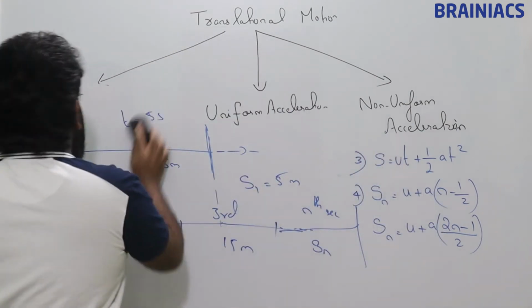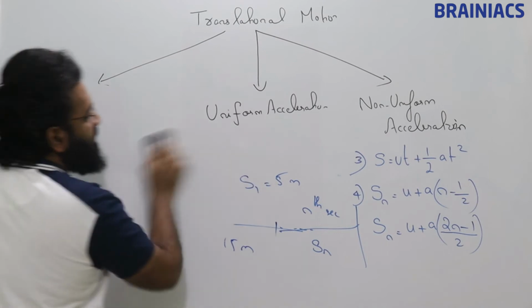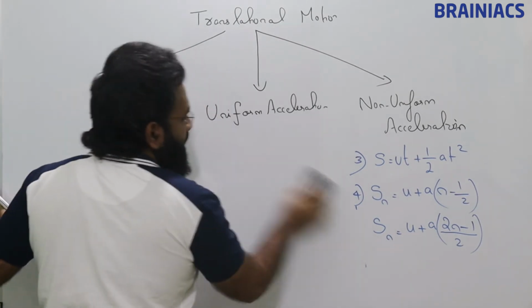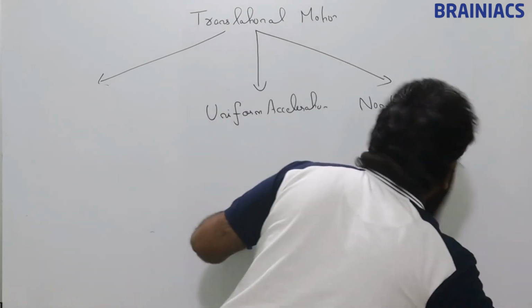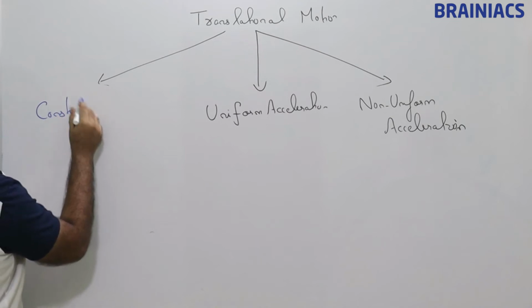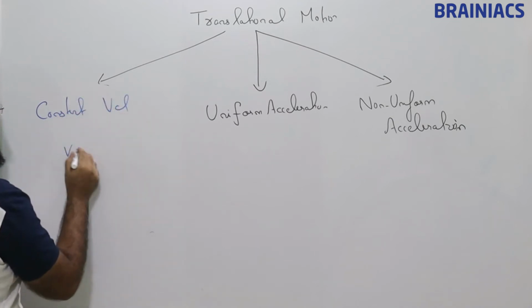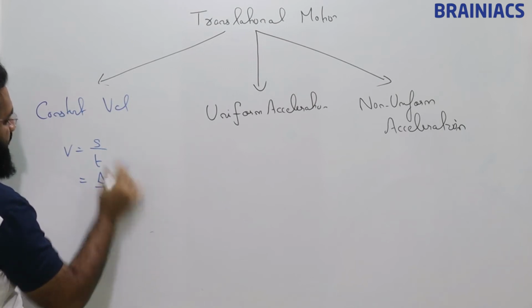Okay, right. So the case with uniform acceleration, the equations, everything is clear. And this is constant velocity: v is equal to s by t, or delta x by delta t, right?